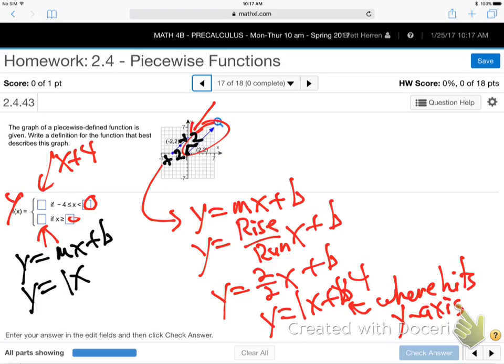Slope is 1. What's the b? 0. It hits the y-axis at a height of 0. So that's just y equals x. So this one's just x. We're done. Does that make sense? How to work those backwards?